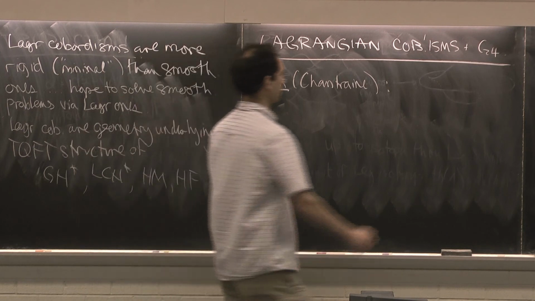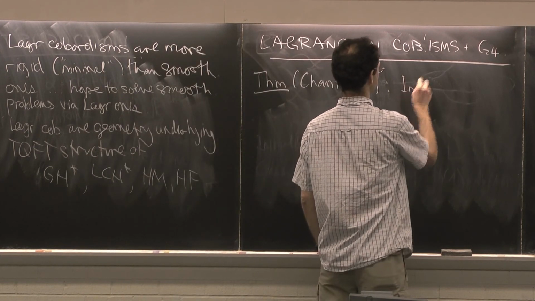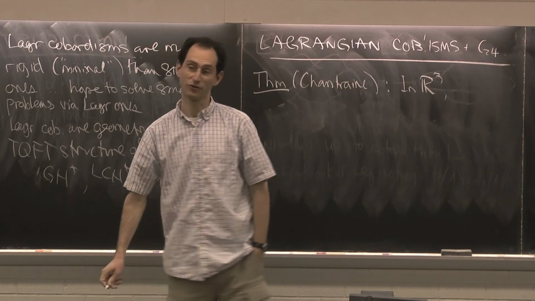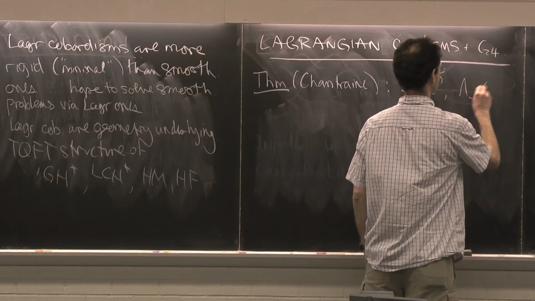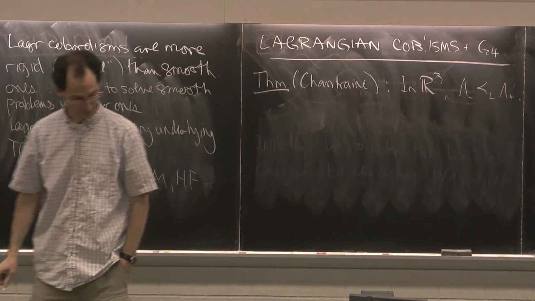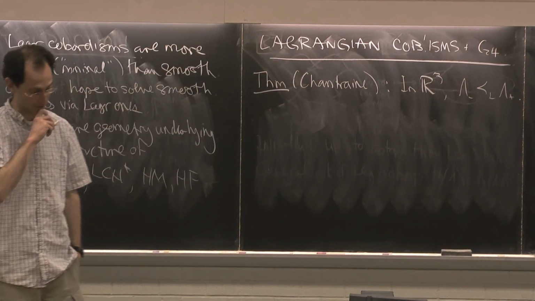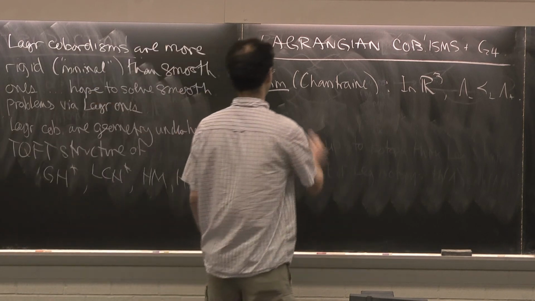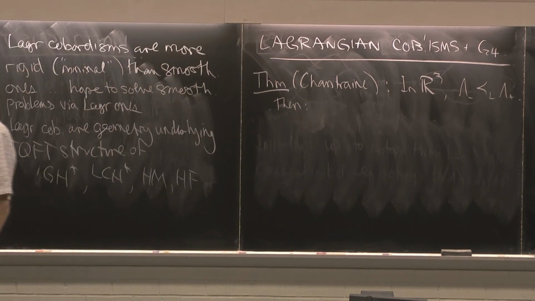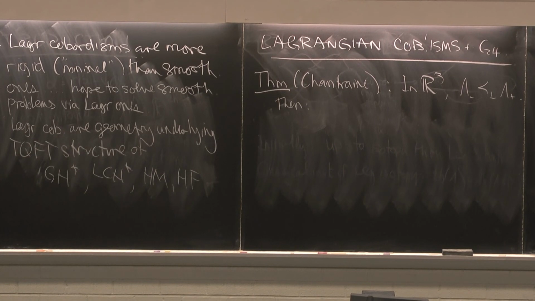Let's suppose that we're working in R3, and that we have a Lagrangian cobordism between two Legendrian knots. These are knots now, not submanifolds. Then we can relate the Thurston-Bennequin numbers at the top and at the bottom of the cobordism.